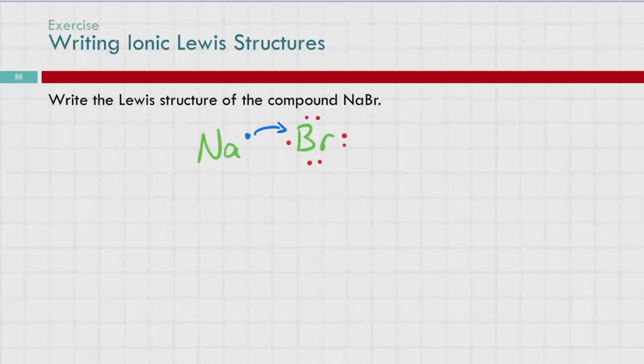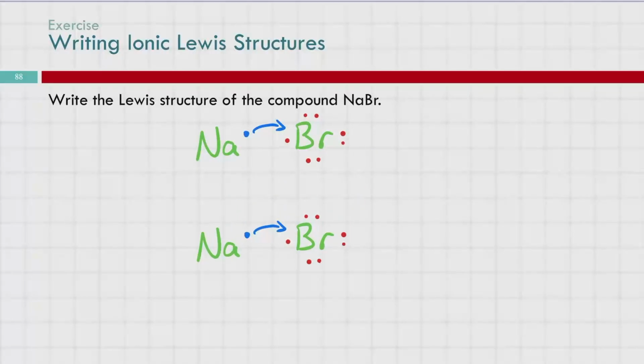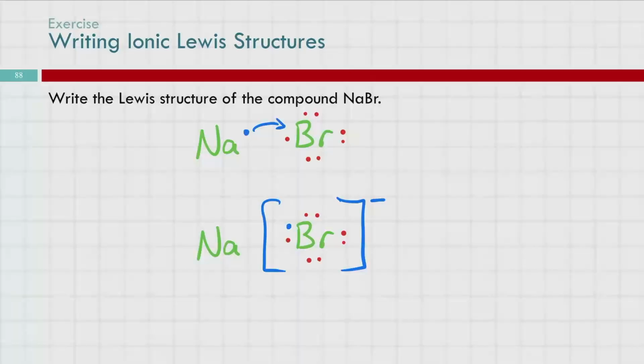And sodium says, okay. And so that electron transfers. We now have the bromide ion. That electron is off limits to sodium. We put it in brackets. We give it the negative charge in the top right corner. Sodium lost 1 electron, so it gets a 1 positive charge. And that would be our Lewis structure.